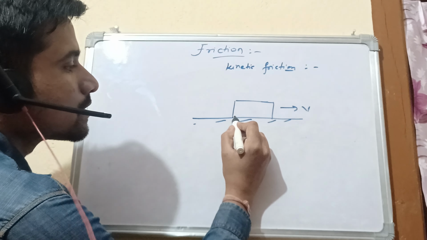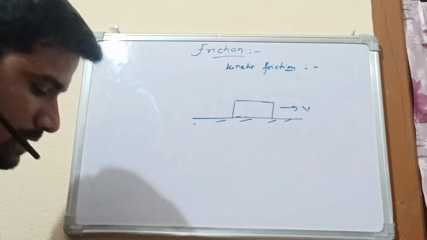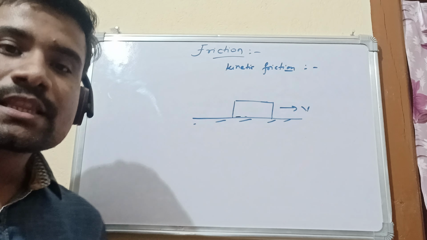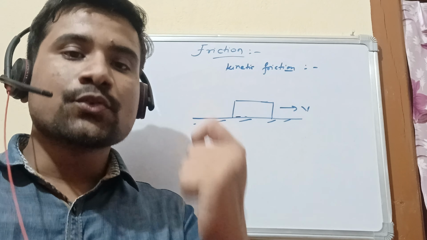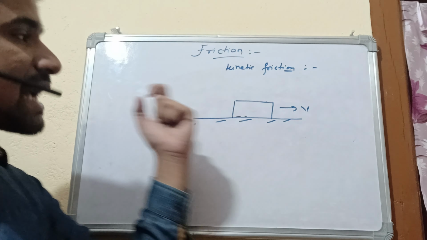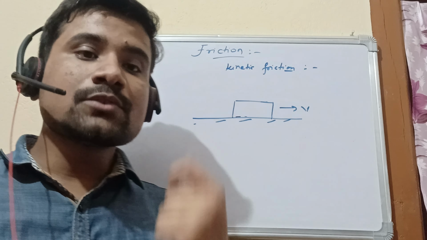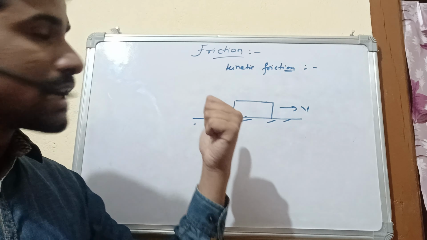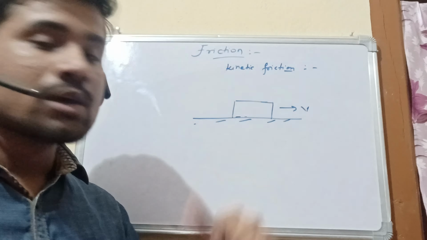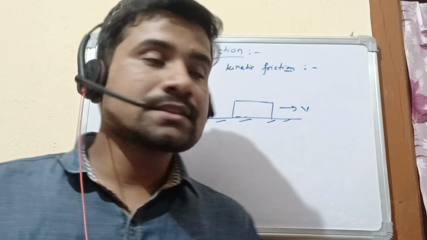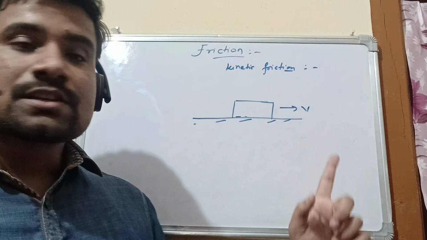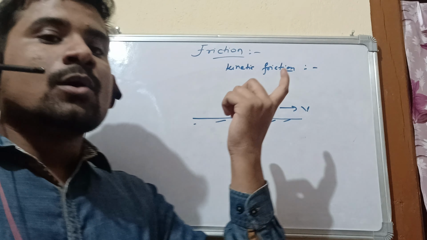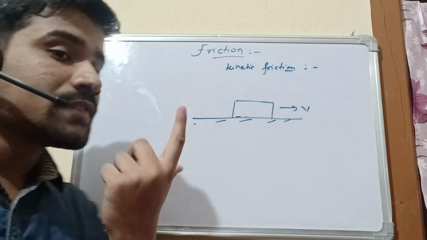This is the contact, and there is a motion. This block is being rubbed against this surface. So there will exist a force of friction here, which will be kinetic friction. So the friction which is present during the motion is the kinetic friction whenever two surfaces are in motion against each other. So that kinetic friction will occur at this surface, and now we need to find what is the direction of that kinetic friction.